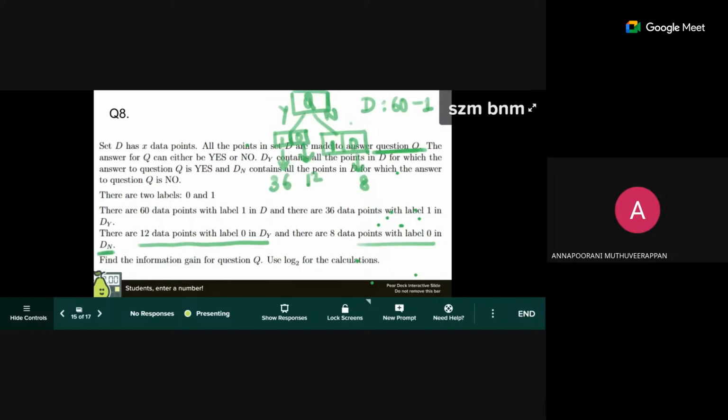I'm asking, in the data set, all that you have is there are 60 data points with label 1. So how many has label 0? X minus 60, right? What is this number? Can you get that number using the information that is given to you?